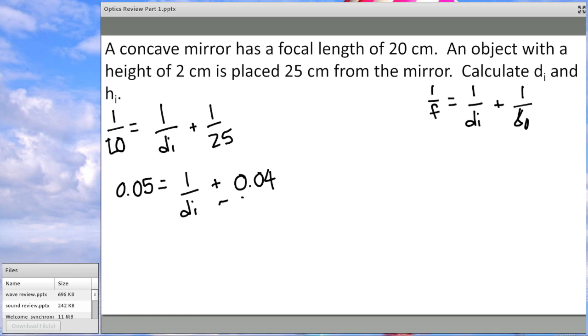Okay, so now I'm going to take 0.04 from both sides. Then I'm going to have 0.01 equals 1 over DI.